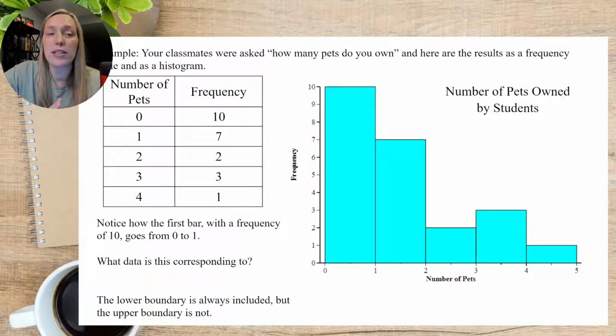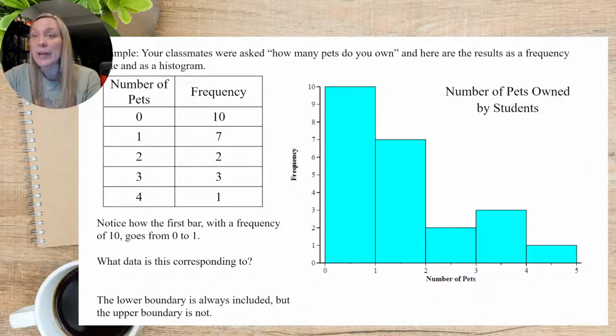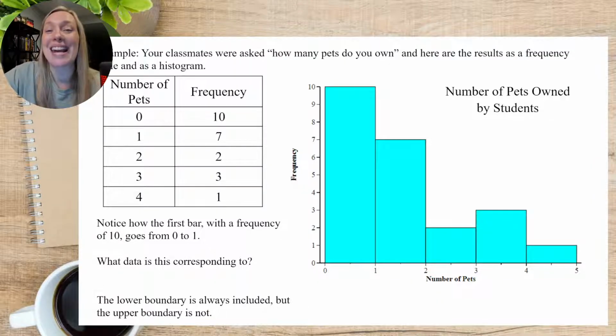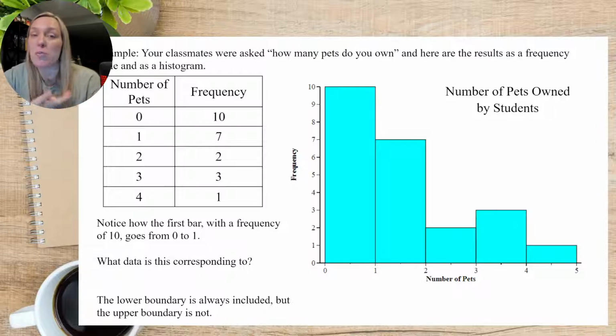So if I asked a class to gather this data a couple years ago, how many pets do you own? Here are the results as a frequency table and a histogram. So we have two ways of displaying this discrete variable, because number of pets owned is going to be a discrete variable because you own one pet, two pets, three pets.